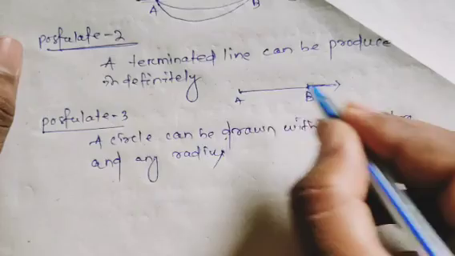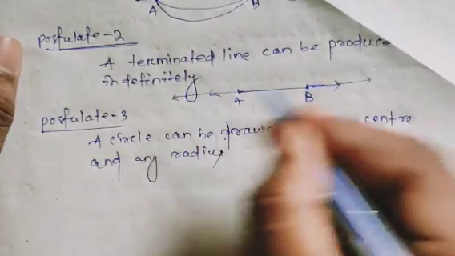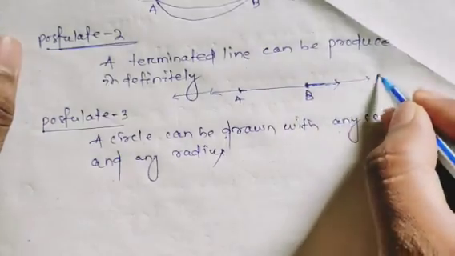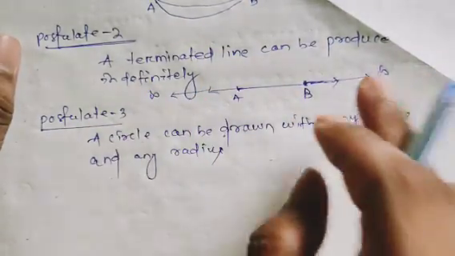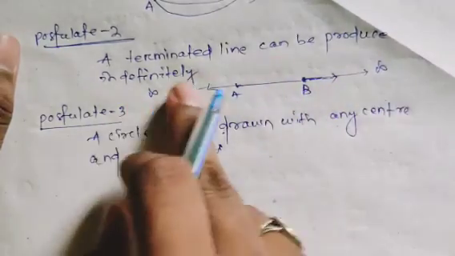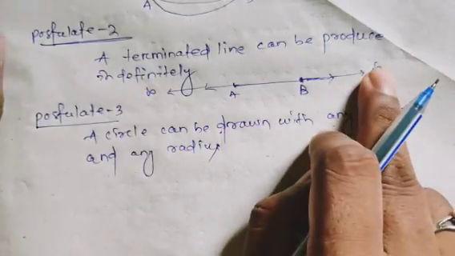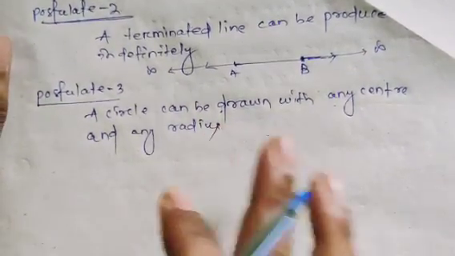I can produce up to this, I can produce up to like this. So from here to infinity and here to infinity, I can produce both the ends of AB indefinitely. So a terminated line can be produced indefinitely. That is stated in postulate number 2.